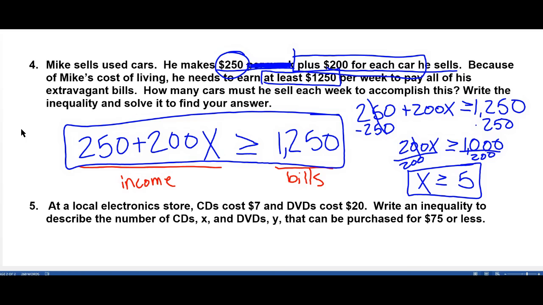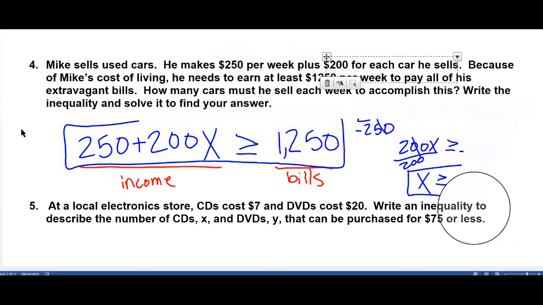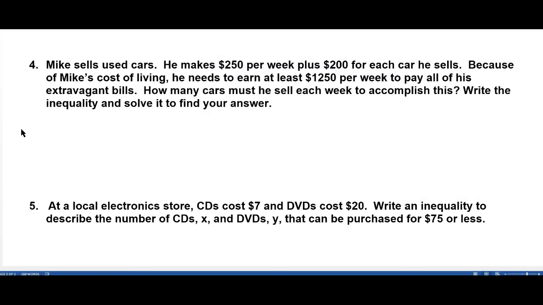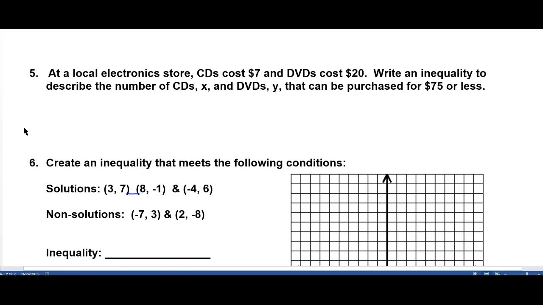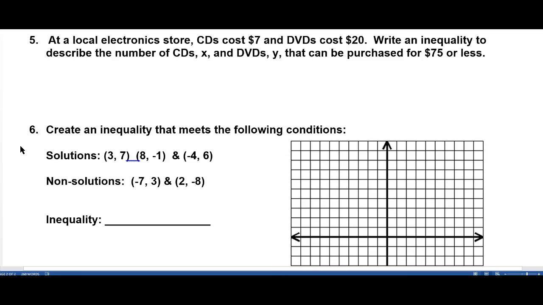Number 5. At a local electronics store, CDs cost $7, DVDs cost $20. Write an inequality to describe the number of CDs, X, and DVDs, which is Y, that can be purchased for $75 or less.